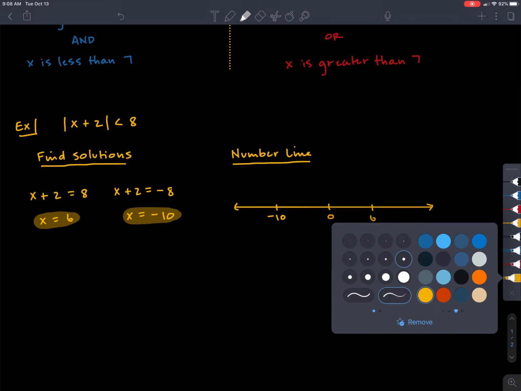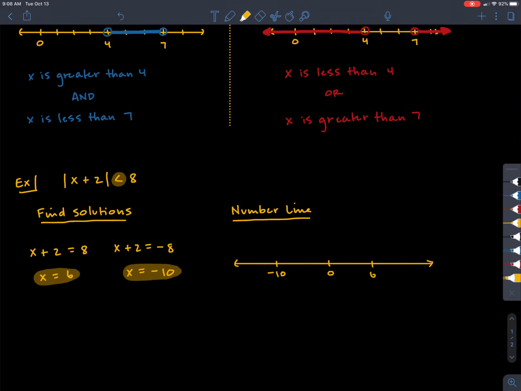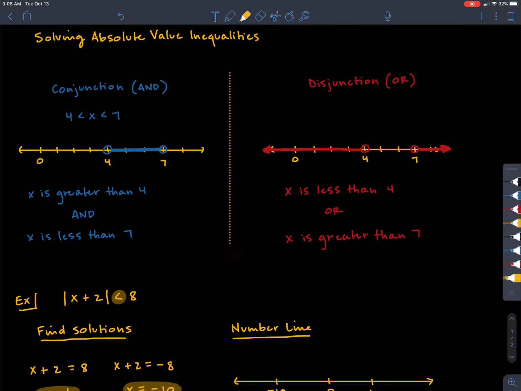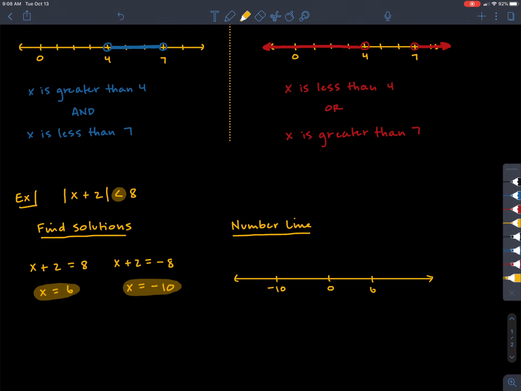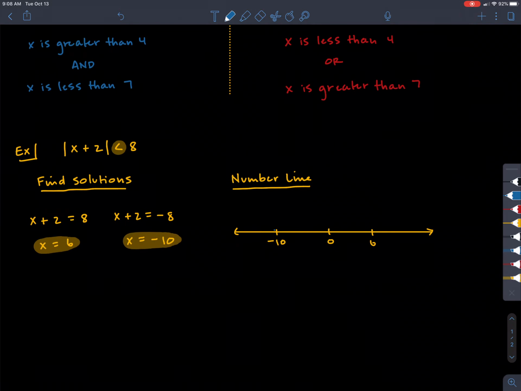The next thing I need to do is, because this is a less than sign, say that this is a conjunction, and I am going to place an open circle at both of these points.